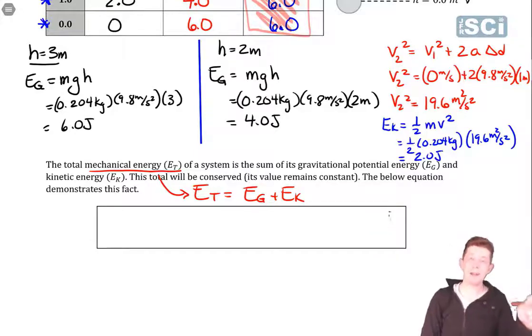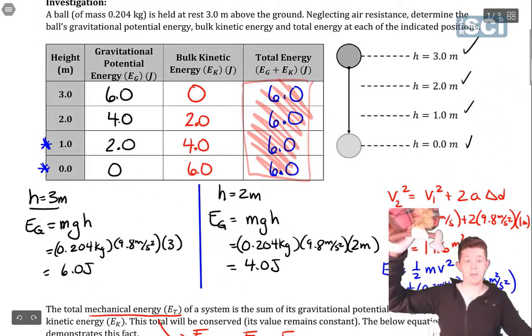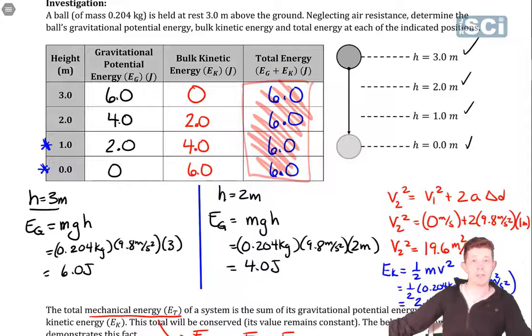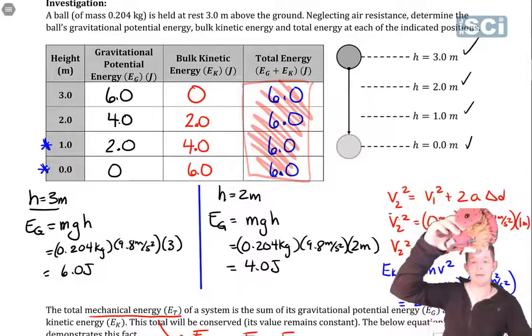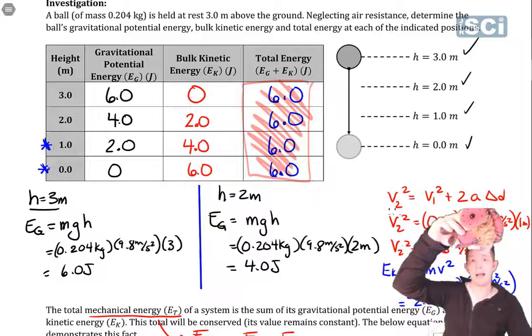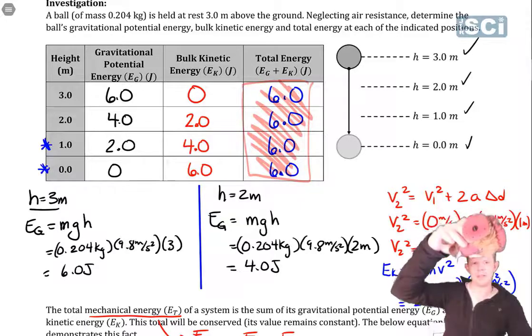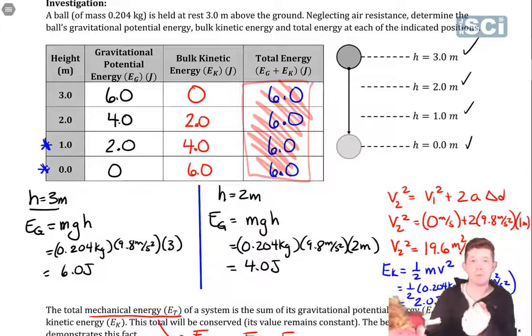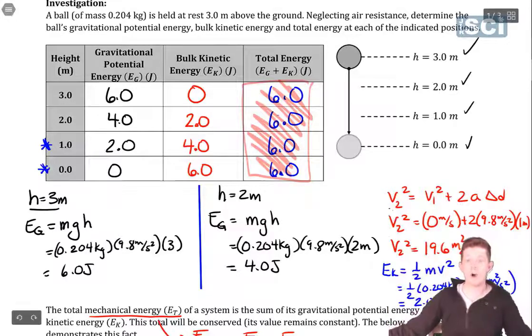So the energy that an object has at the very beginning. If we look at the system here, it had 6 joules of gravitational potential energy at the very beginning. No energy in motion because I'm holding it still, but as it drops, this energy changes and they keep the balance between the two of them so that my total energy always added up to 6 joules.